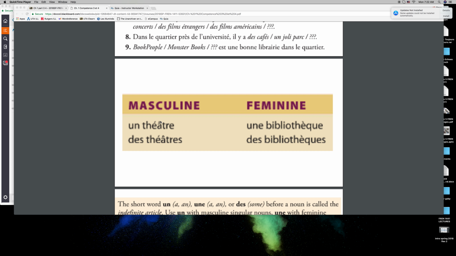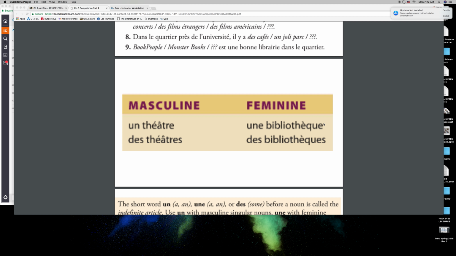So words in French are masculine or feminine. Usually, if the word ends with an E, that tells you that it's feminine, but there are some exceptions like théâtre or livre, for example, book, right? But 80% of the time you will find that that will really guide you.